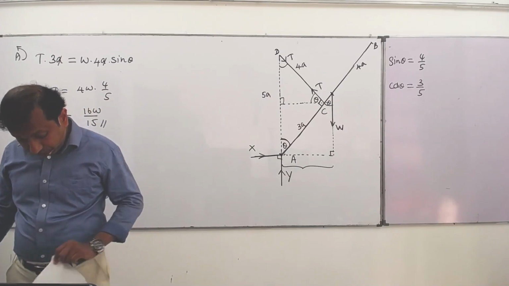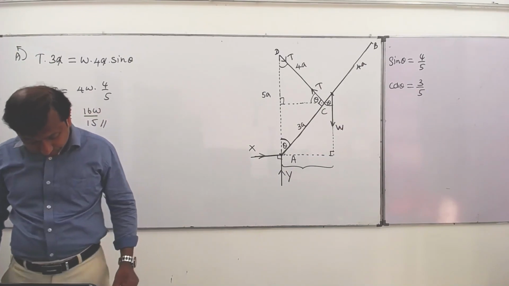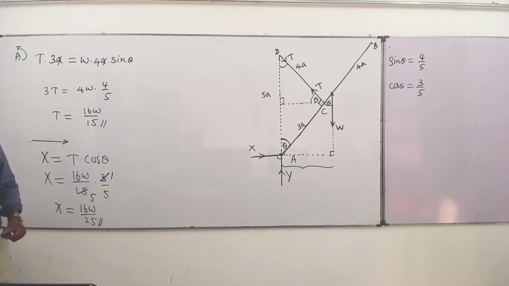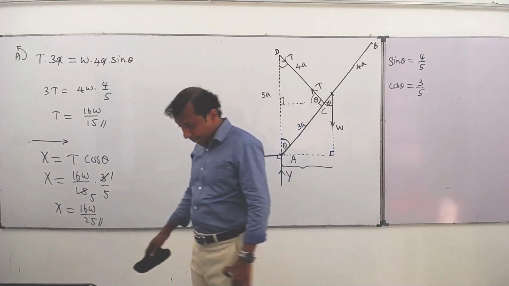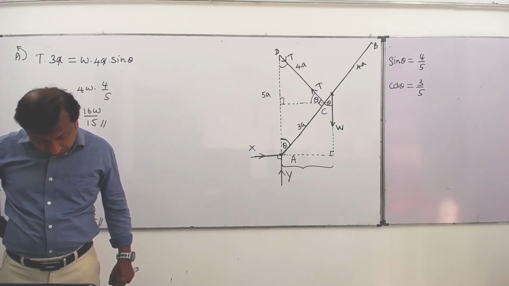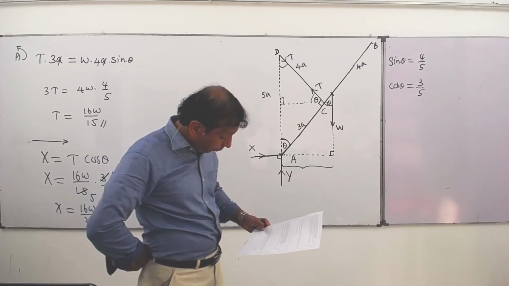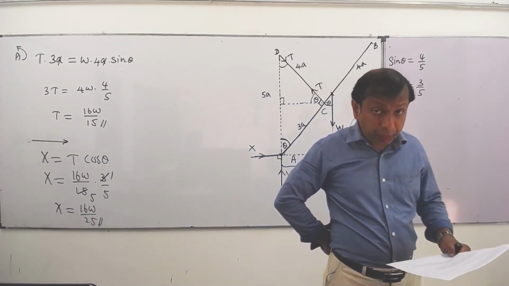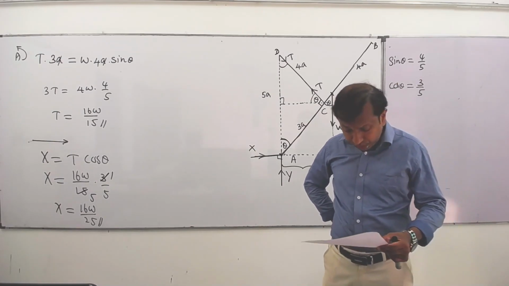The last question, people. Number 10. Also a coplanar forces question. It says: a uniform rod AB of length 2a and weight W is held in equilibrium by a light inextensible string BC and by a horizontal force P applied at the end A as shown in the figure.